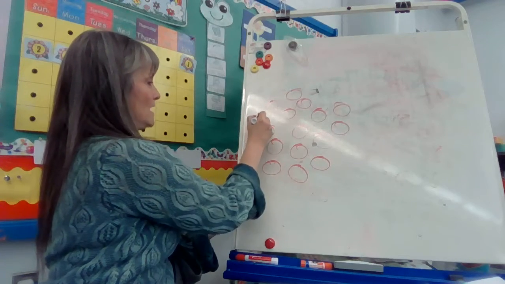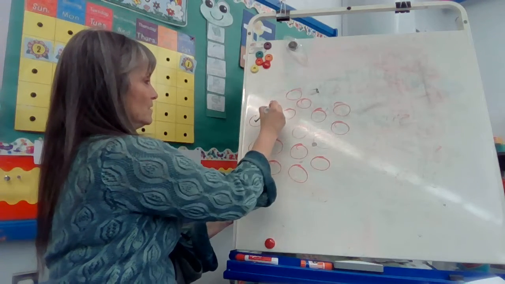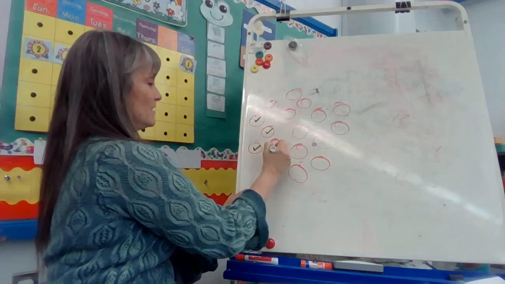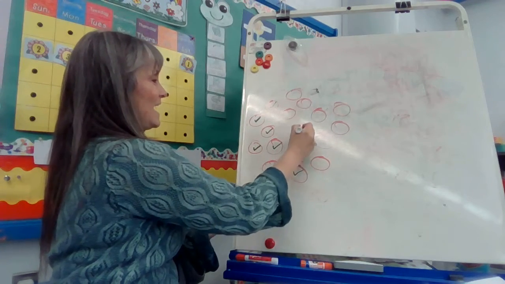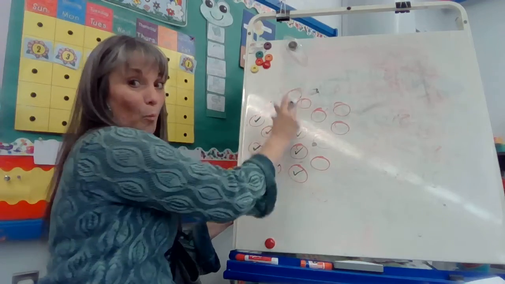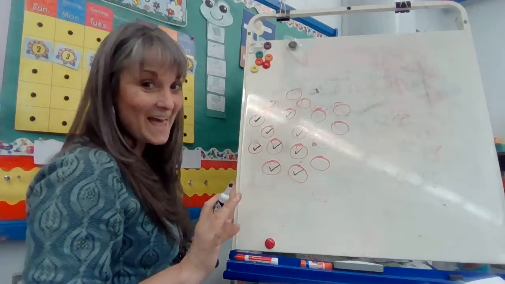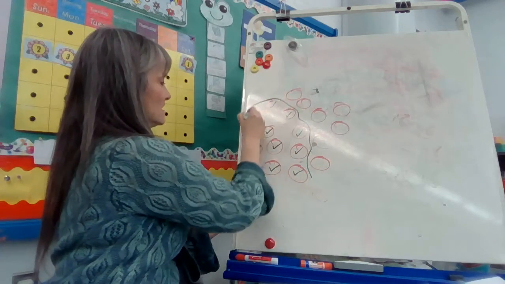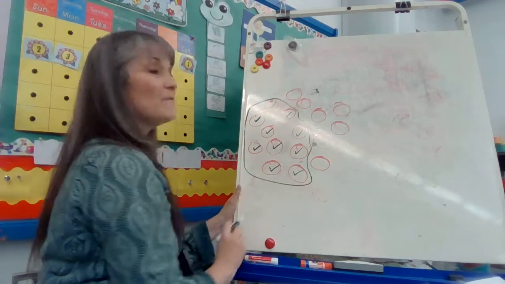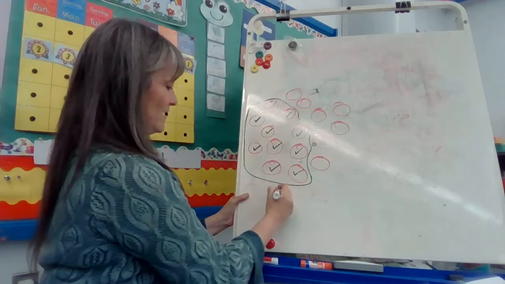So 1, 2, 3, 4, 5, 6, 7, 8, 9, 10, 11. Nope, just 10. So look, this is a group of 10. There's 10 in there, right?